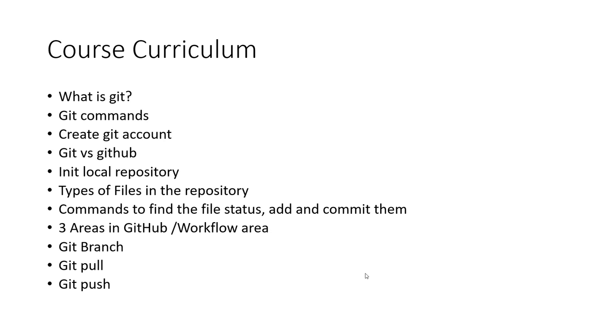And then there are three areas in a GitHub repository, I would say. So it is also called the workflow. And then we would see the Git branch, Git pull, and Git push.